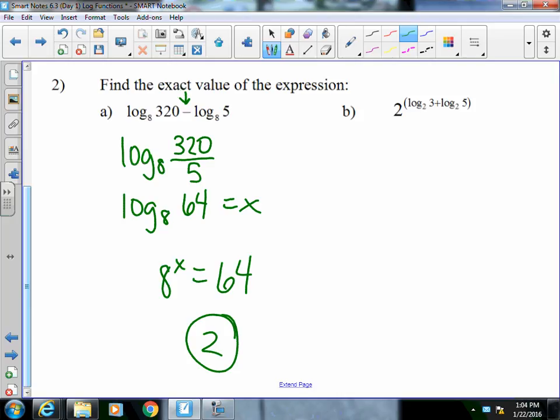Similar idea over here. We have addition going on, so we can write this as 2 to the log base 2 of 15. Addition can be combined as multiplication, and 3 times 5 is 15.